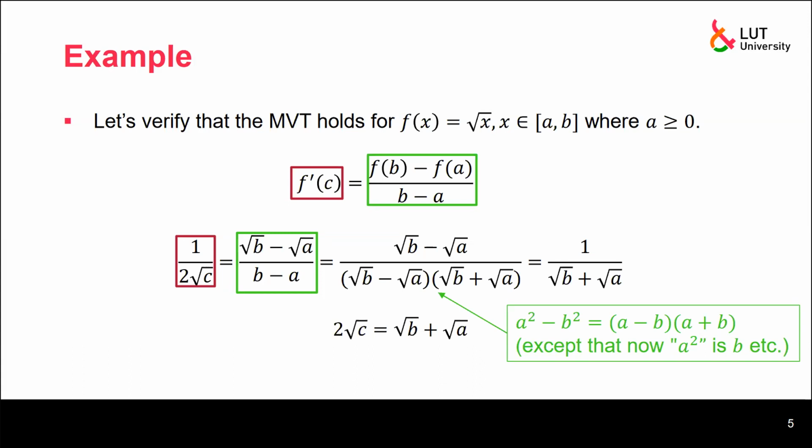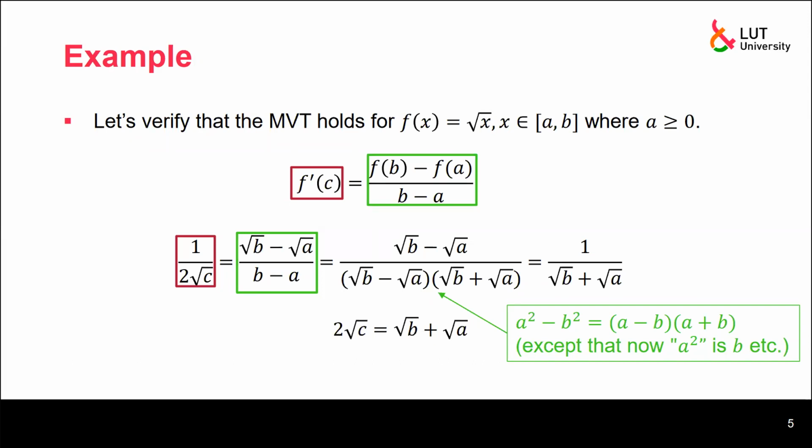All right, so now we notice that we have a common term in both the numerator and denominator. So the numerator goes to 1, and what's left is the square root of b plus square root of a in the denominator. Now we're inverting both sides, so we can trace those equal signs as long as we need to, and we have 1 over 2 square root of c equals 1 over the square root of b plus square root of a.